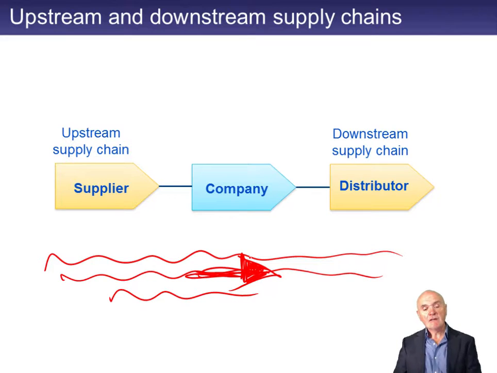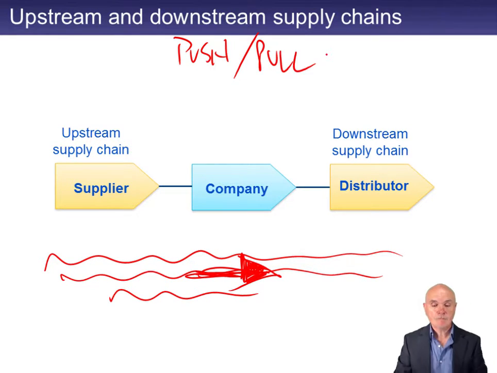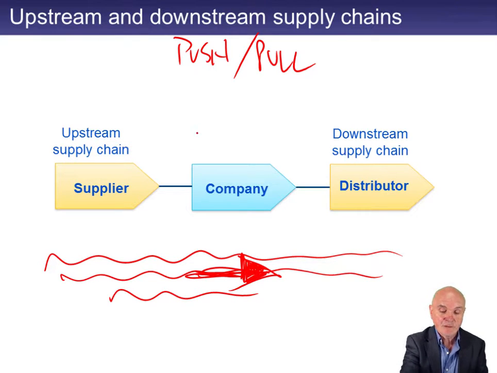Two ways of organizing the flow of goods through here. You can have push and you can have pull systems. Now, what a push system does is the company says, I think demand next month is going to be 1,000.